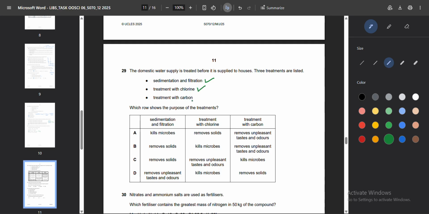Chlorine is added to kill all the germs and microorganisms that are present in water. And treatment with carbon. So carbon removes all the color or any unpleasant smell. So that makes option B the correct one.